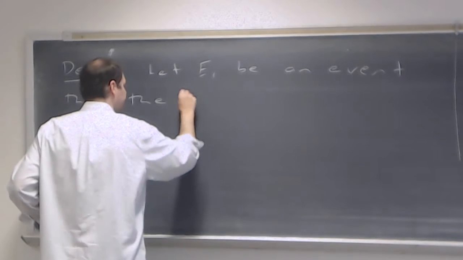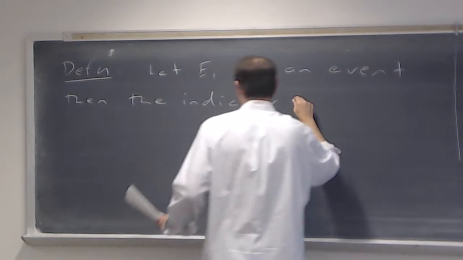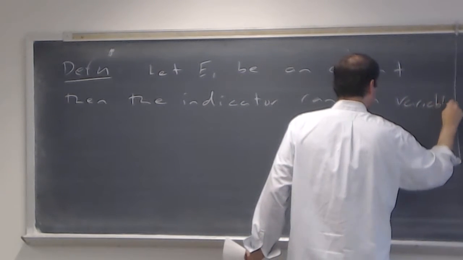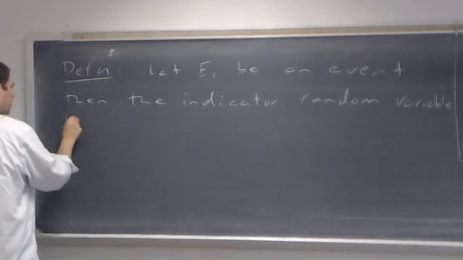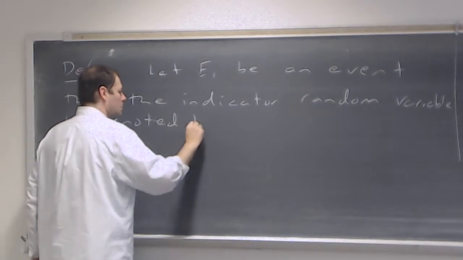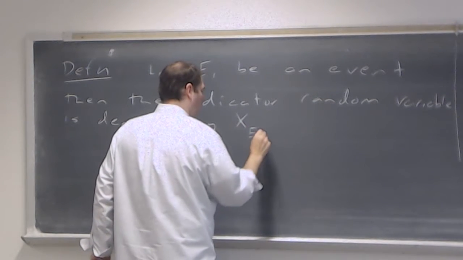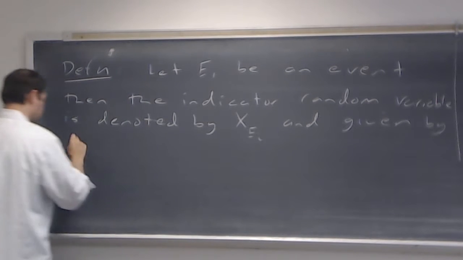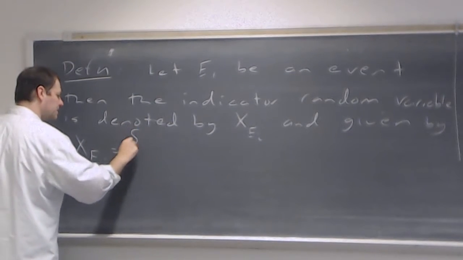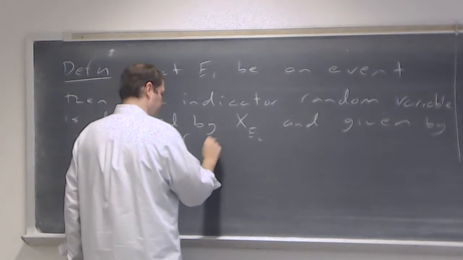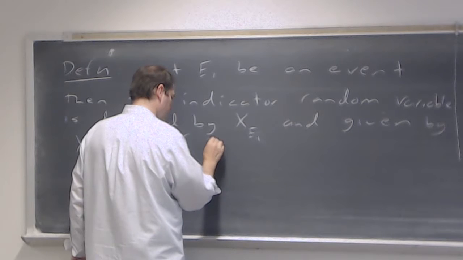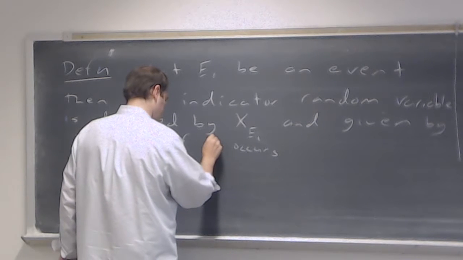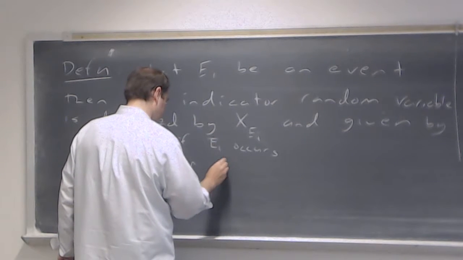Actually, I shouldn't say function, but indicator random variable, denoted by X sub E1 and given by X sub E1 equal to 1 if E1 occurs, and 0 otherwise.